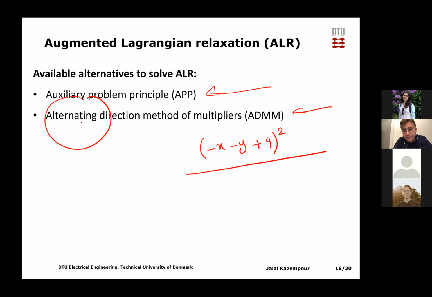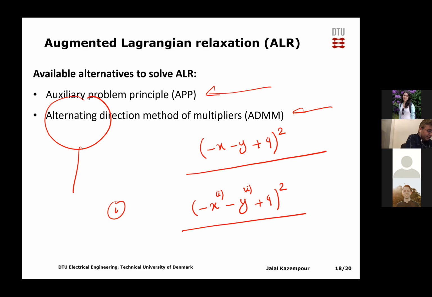Any idea what we are going to do in ADMM? Remember, in iteration I, we have in the objective function this term, minus x in iteration I, minus y in iteration I, plus 4, squared. Alternating, what does it mean? Yes, Lorenzo, fix x or y.